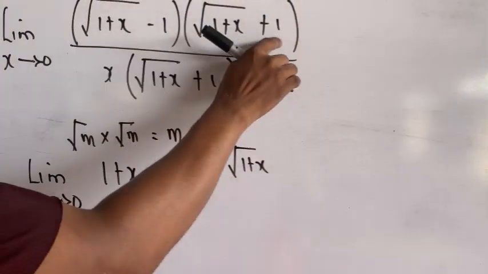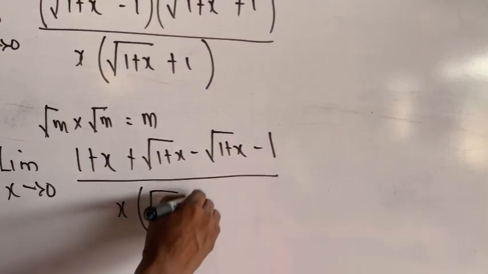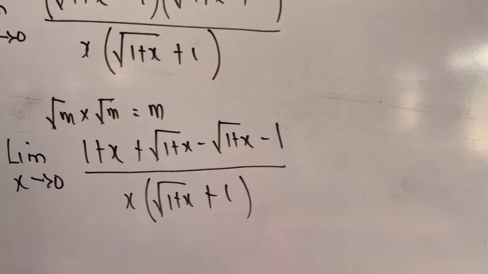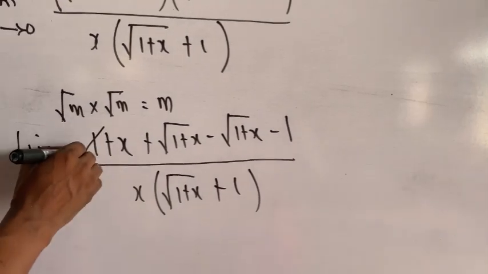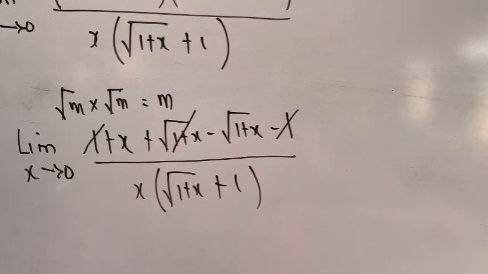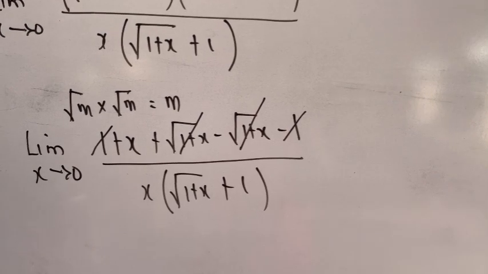Minus 1 multiplied by plus 1 gives minus 1, all over x times root 1 plus x plus 1. Let's look at the numerator critically. By adding and subtracting, 1 and minus 1 is 0, and root 1 plus x minus root 1 plus x is 0.